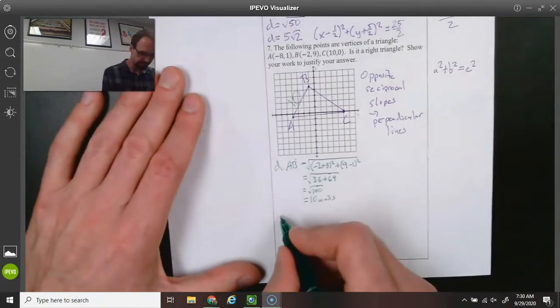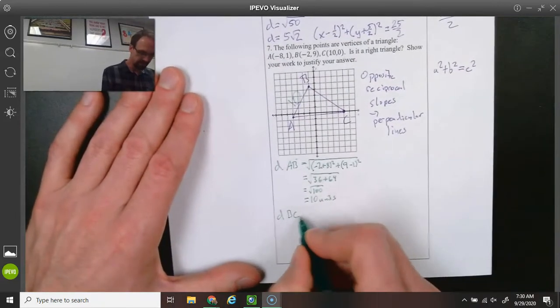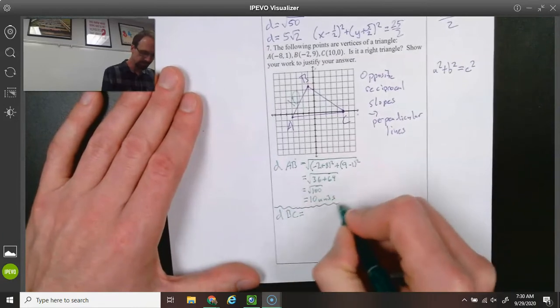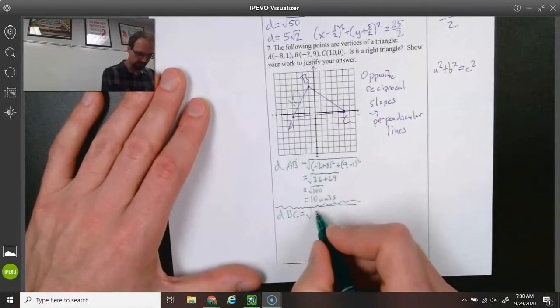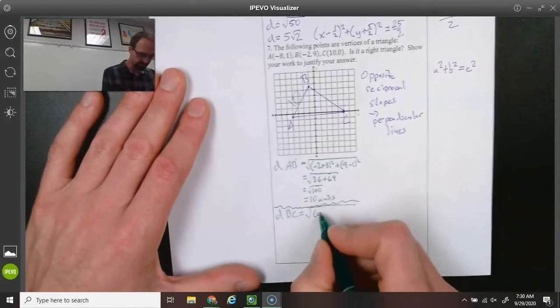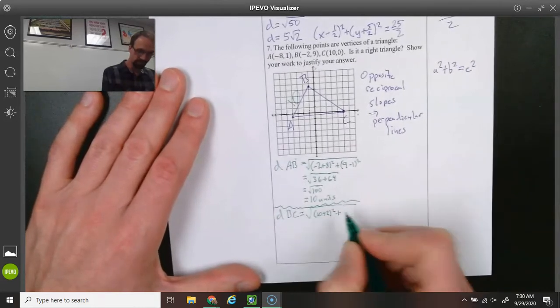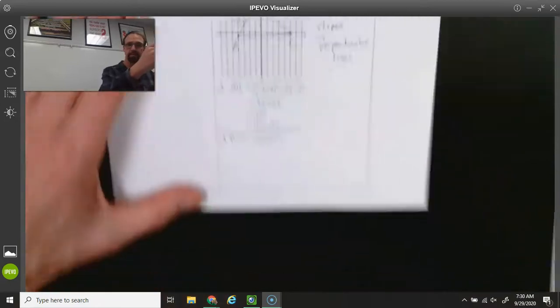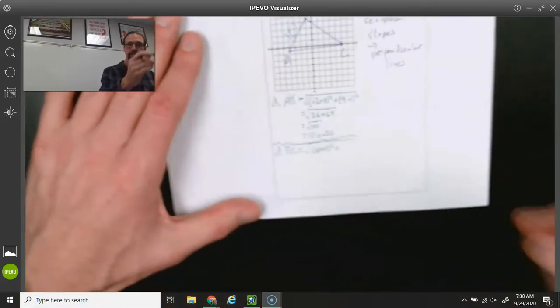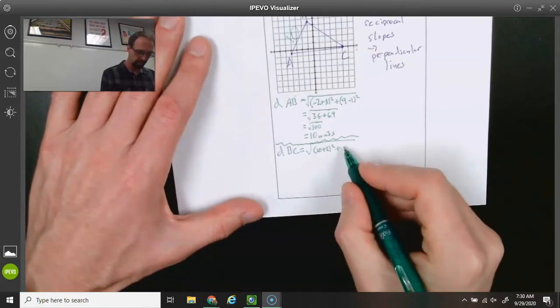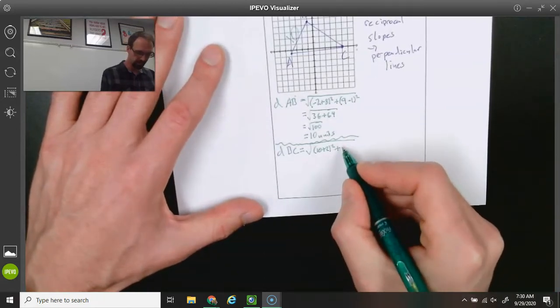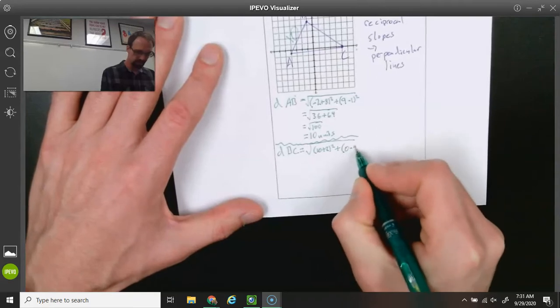The distance from B to C, square root of 10 plus 2, quantity squared, plus 0 minus 9 quantity squared.